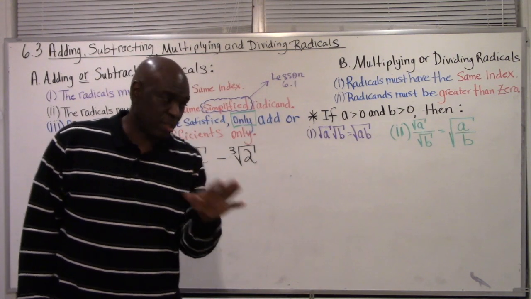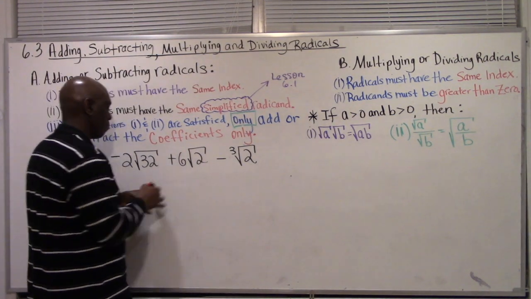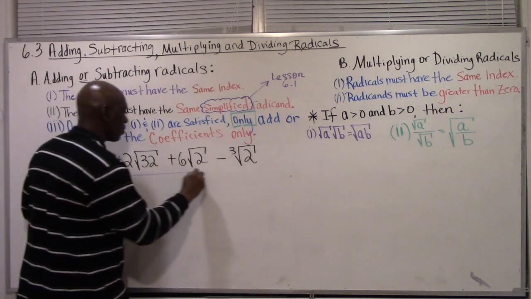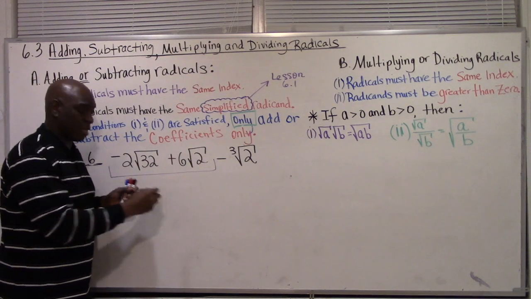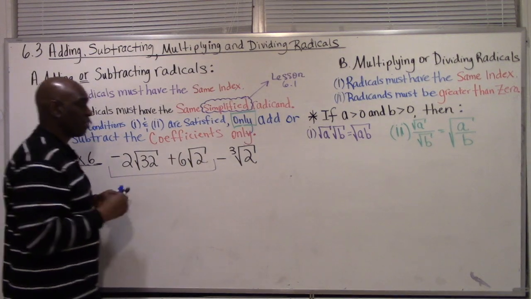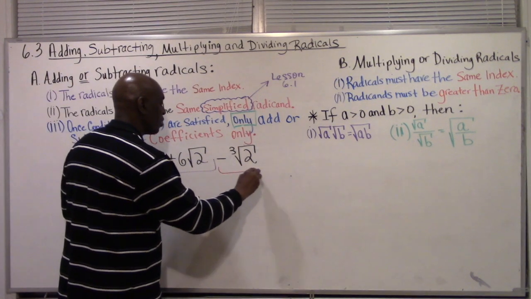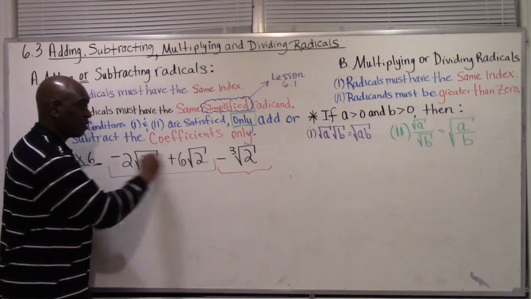Now notice this. The first term and the second term, these 2 terms, they have the same index. So we can work on that. But this third fellow right here, there's nothing we can do with him because his index is different.